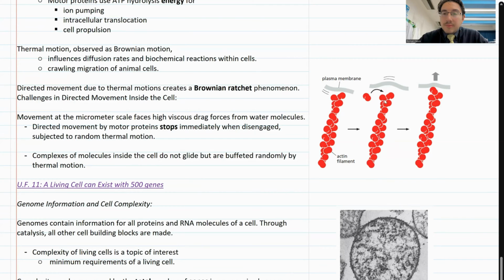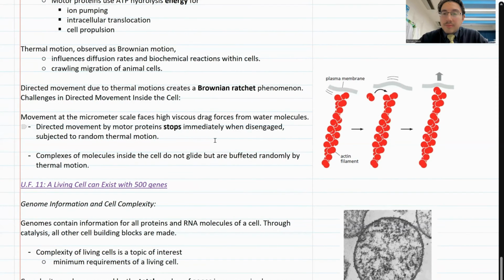Then this will keep happening, and the filaments will extend more and more because of that random thermal motion. Then the membrane will vibrate again, and you'll have some space. Another little molecule will come in, and so forth, until you get to where you need to go, right? So this is the Brownian ratchet phenomenon, one way in which random motion is helping cell propulsion.